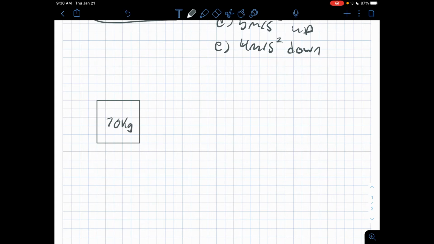So you have the 70 kilograms. When the elevator is at rest, there are only two forces acting upon the person. There is the downward force of gravity, so we'll label this as Fg, and then there is the normal force, so we'll label as Fn.